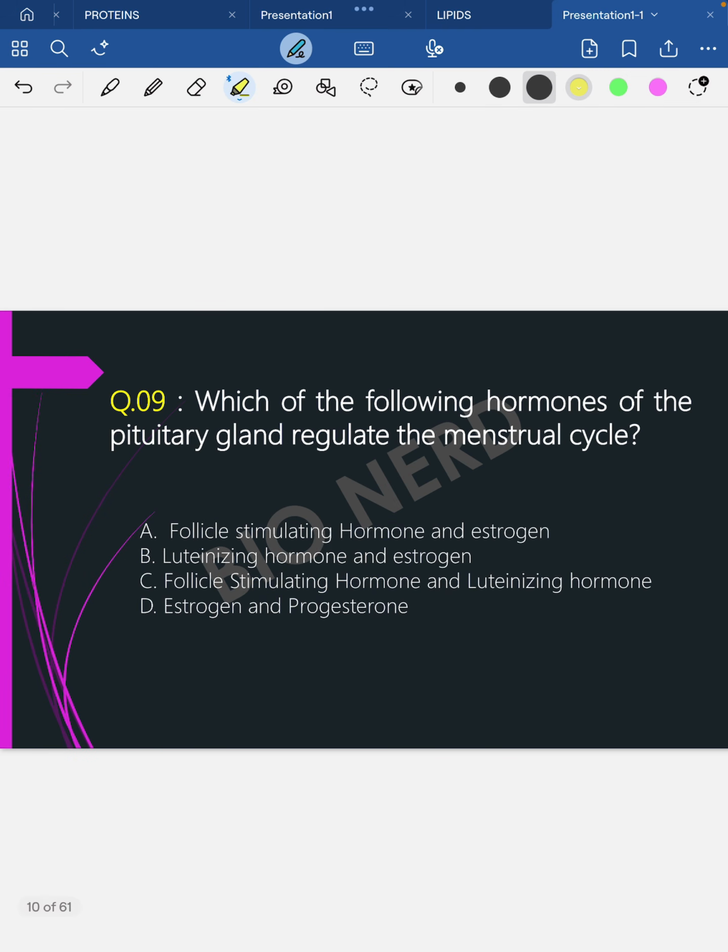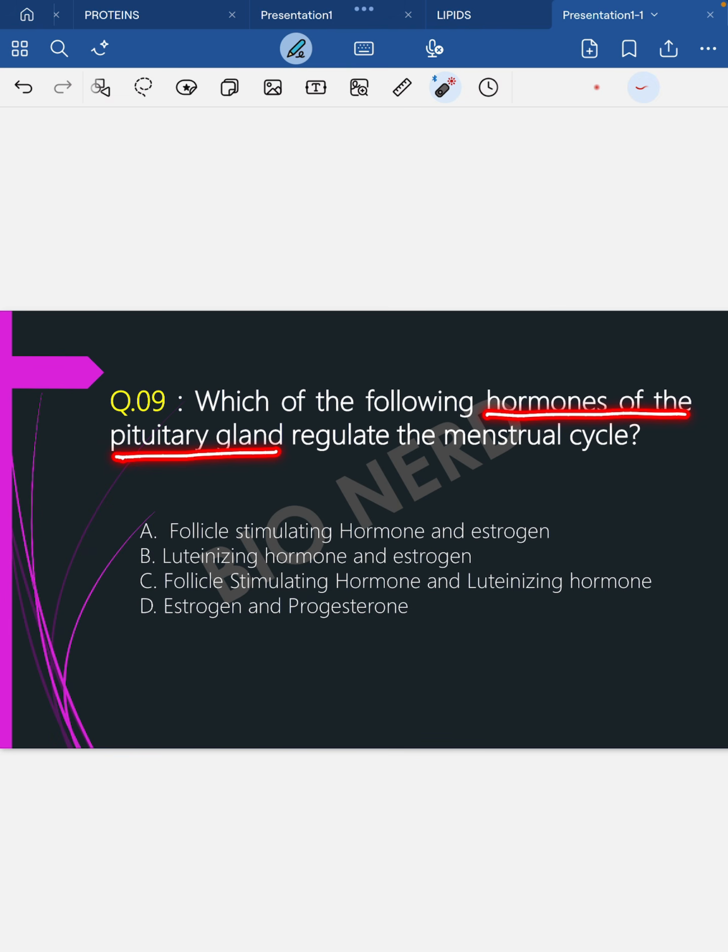Question number 9. Which of the following hormones of the pituitary gland regulate the menstrual cycle? Just emphasize the words hormones of the pituitary gland that regulate the menstrual cycle. If we talk about the alpha option here, estrogen is present. You know very well that estrogen is secreted from the ovary. It is a gonadal hormone rather than one secreted from the pituitary gland, so alpha will not be the right option.